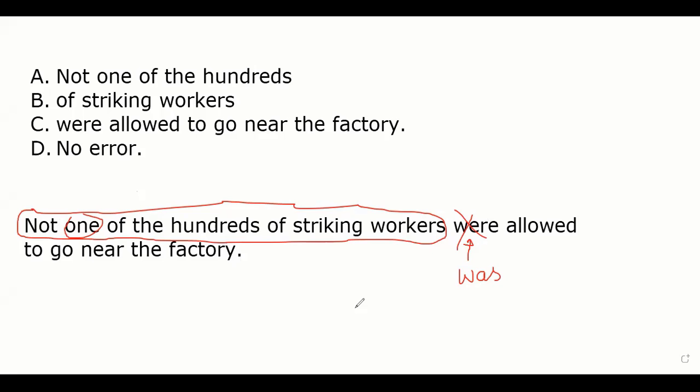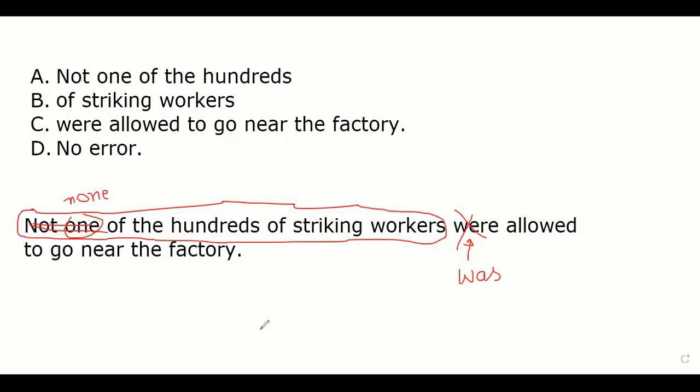But, as Achintya is asking, sir, we'll use none. Sunita ji, this will also give you an example of none. None of the 100 of striking workers. Here, does none become singular or plural, guys? Achintya, if you change it to none here, the A part is changed, but still were is wrong.